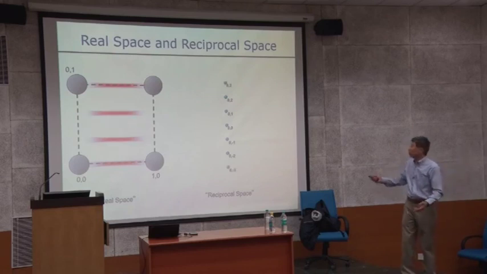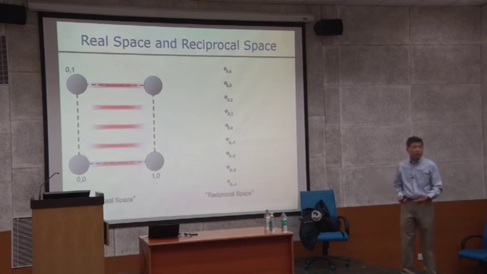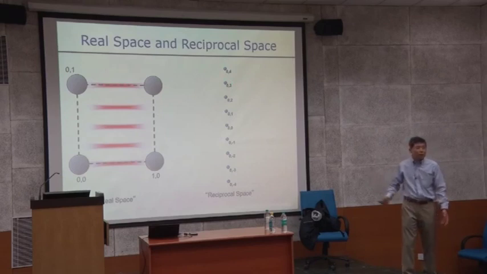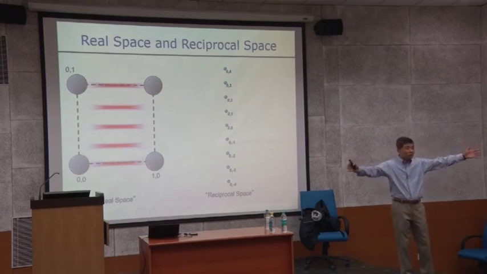Then 3, 0, 0, the same way. 4, 0, 0, the same way. All the planes, you can draw them. You can have 5, 0, 0, 6, 0, 0. You can make 0, 0, 4, 0, 0, 5. You can draw an infinite number of planes, and then create a lattice.